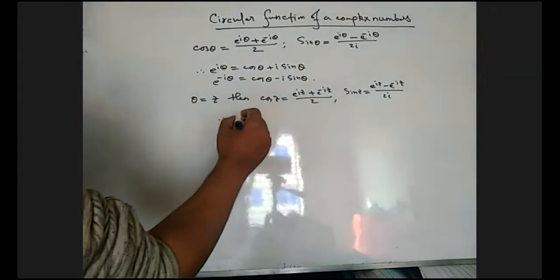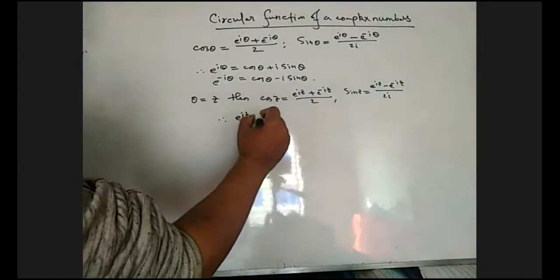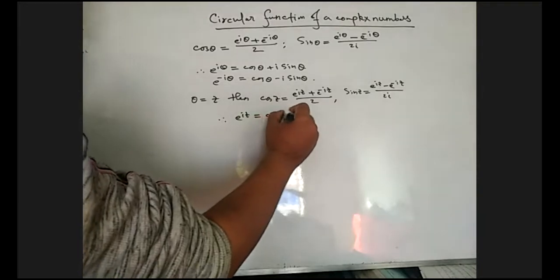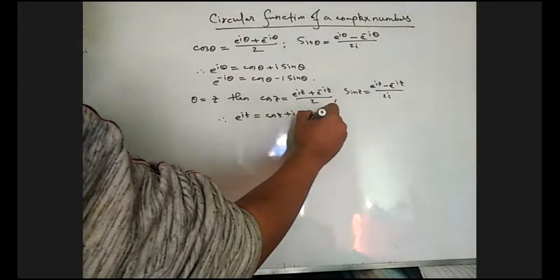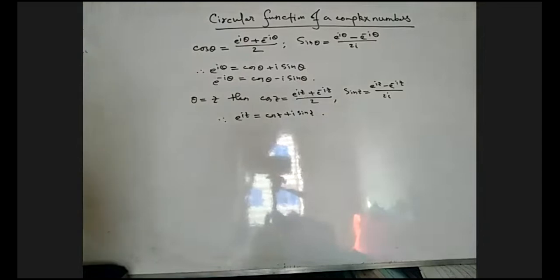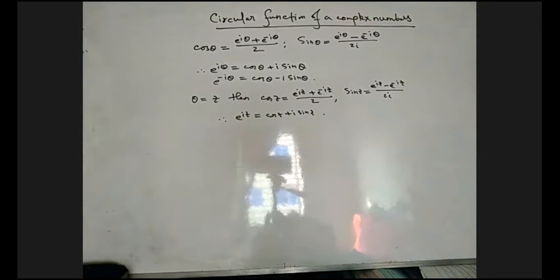So e to the power iz equals cos z plus i sin z. And this e to the power i theta is actually the Euler formula.